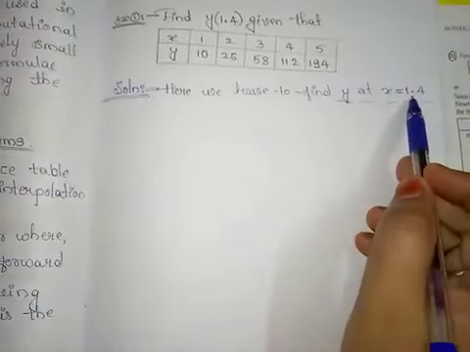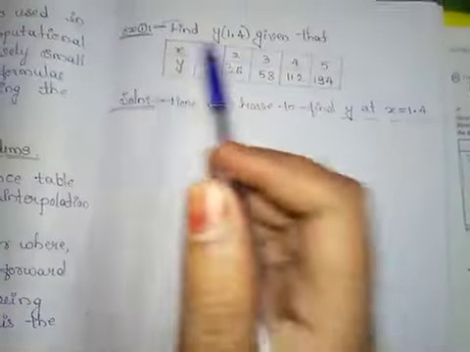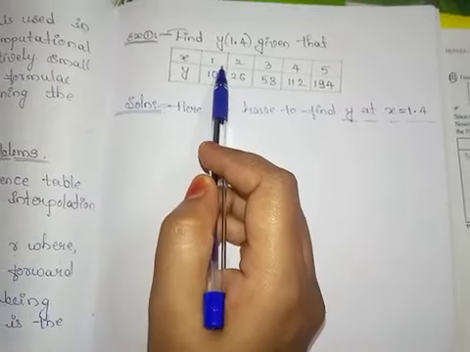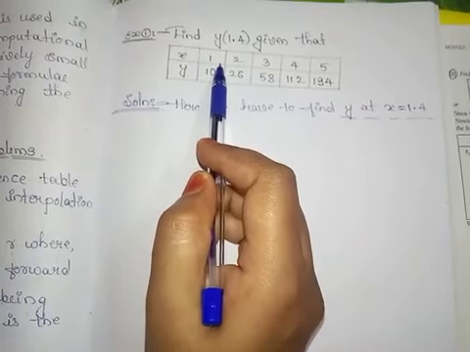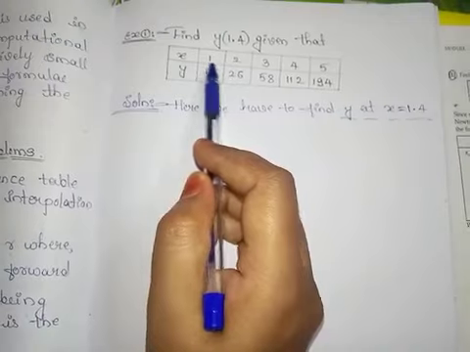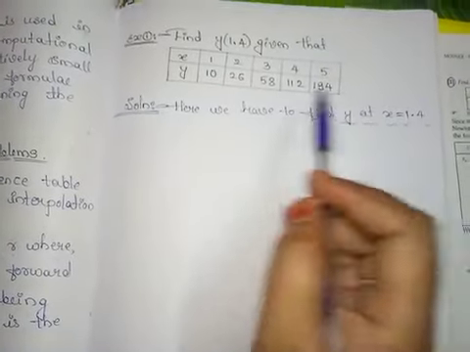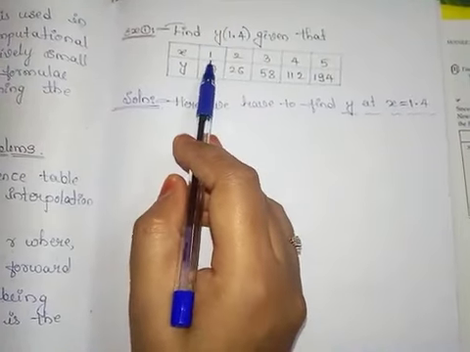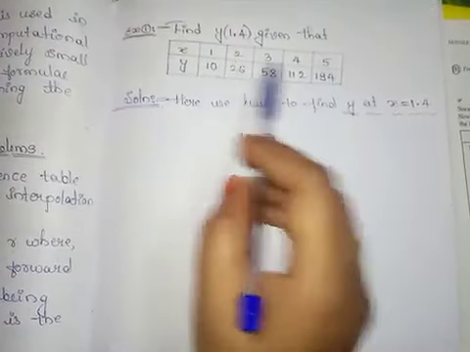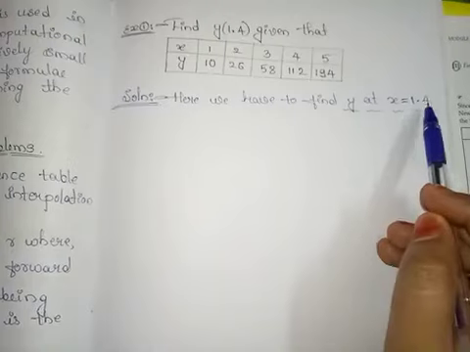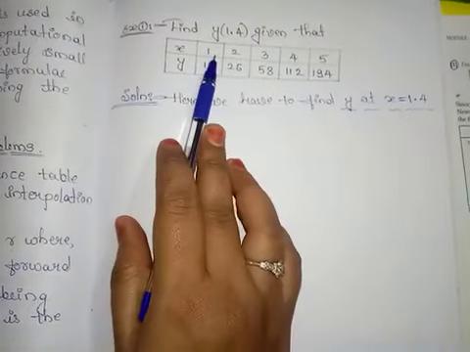That means 1.4 lies in the first half, near to x naught, not xn. So our x = 1.4 value lies in the first half.